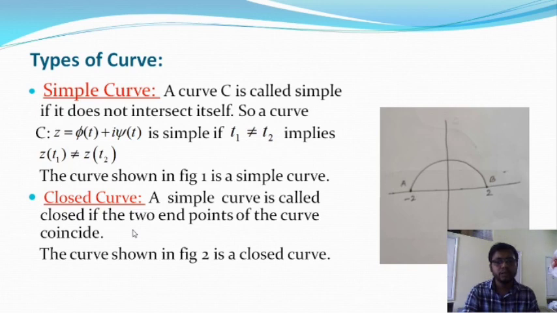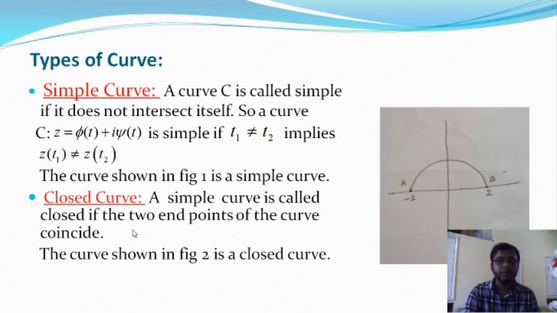A similar thing will happen when I take x square by a square plus y square by b square is equal to 1. All of you know this curve represents the ellipse, and an ellipse is a closed curve.